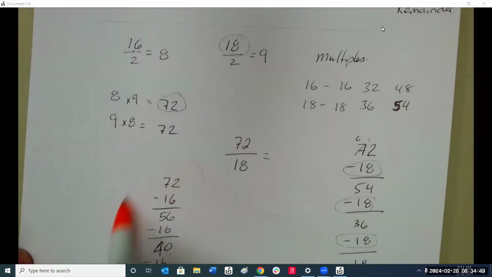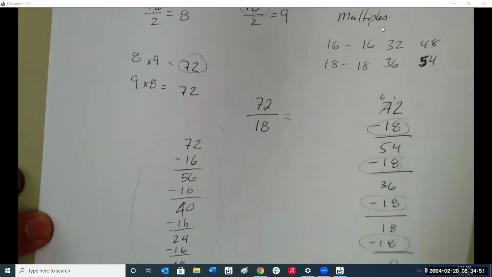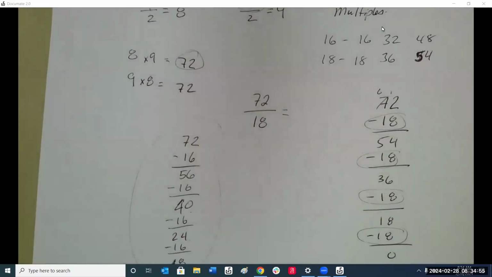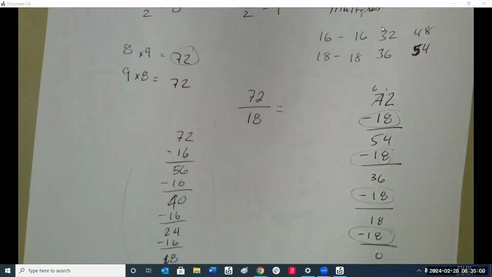I'll figure this out. I'll send you a remind message over the break, over the weekend. But that's the partition model. I forgot what I did wrong there.